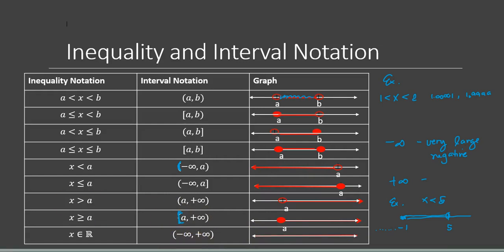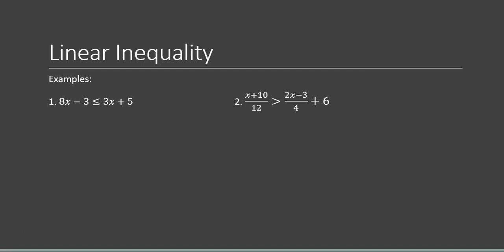Okay, so we're ready now to solve linear inequalities. The rule will be similar to solving linear equations. You try to put all the terms with variables on one side and all the constants on the other side. Usually, we have all the variables on the left side and all the constants on the right side, but you can also do it the other way around.